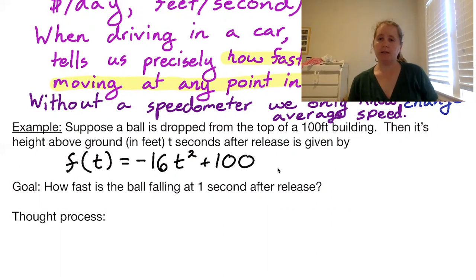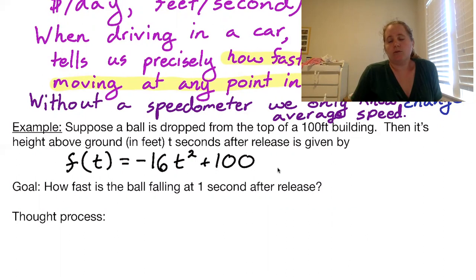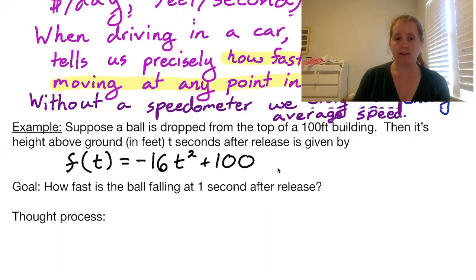Those of you who have taken some physics have likely seen this sort of formula before. If you have not, don't worry about it. I'm giving you the formula. And our goal now is going to be to figure out how fast is the ball falling at 1 second after release.